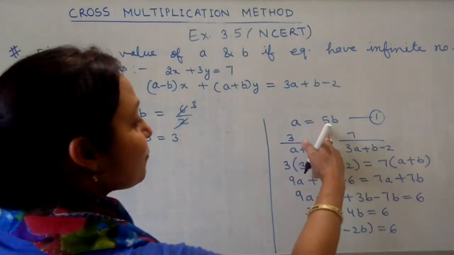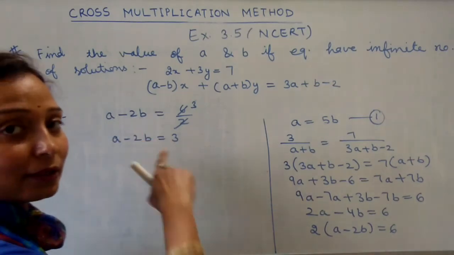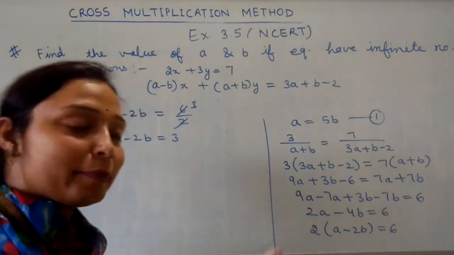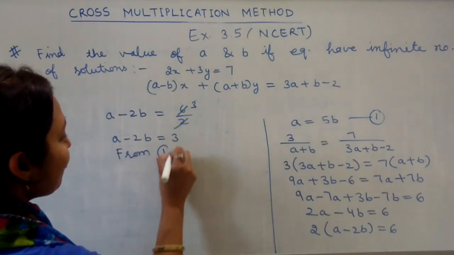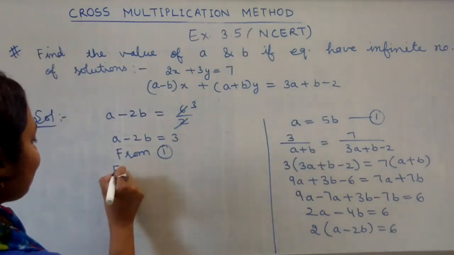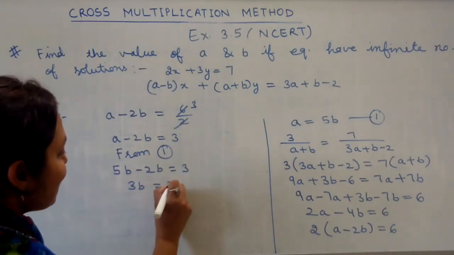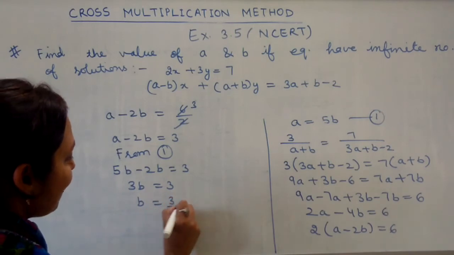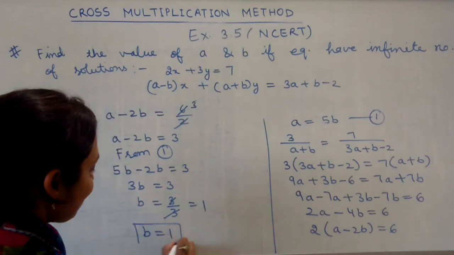Now this is the time to put in the value of a, so that the whole expression becomes a form of b. From equation 1, put the value of a: 5b minus 2b is equal to 3. This is 3b is equal to 3, and b is equal to 3 upon 3. After cancellation, b is equal to 1.